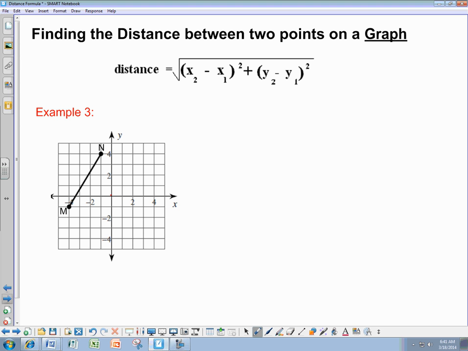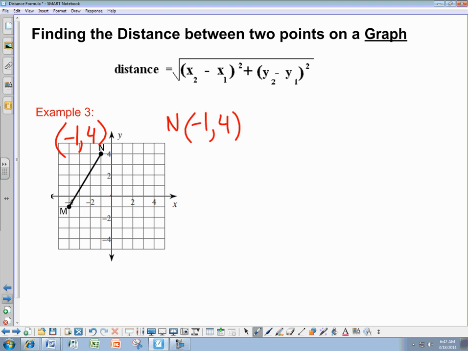N would be 1 unit to the left, so that would be negative 1 for my x value. And then 1, 2, 3, 4 units up for my y value. So N is at negative 1, comma 4. All right.